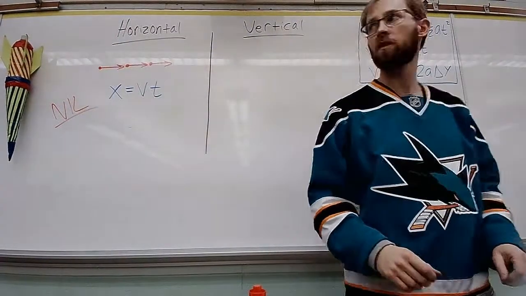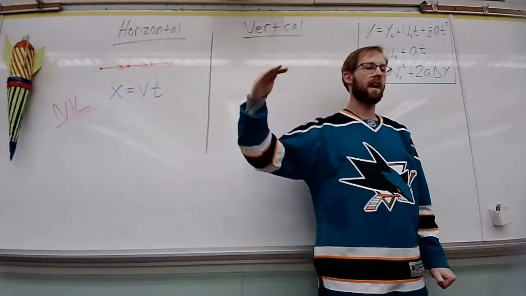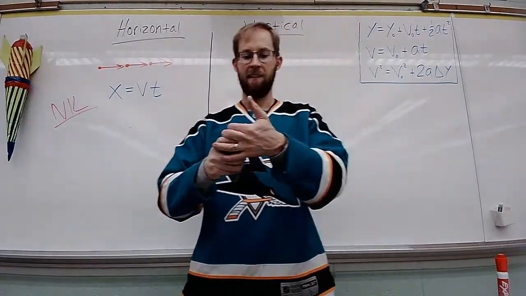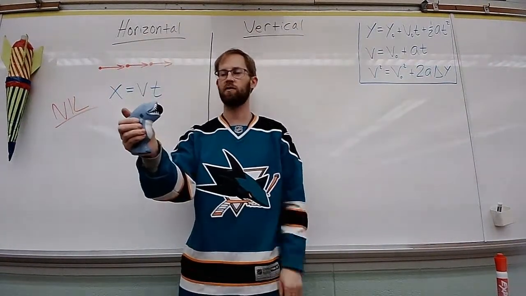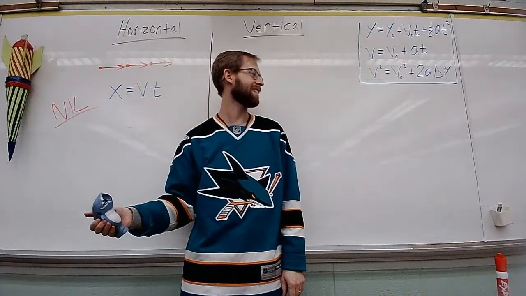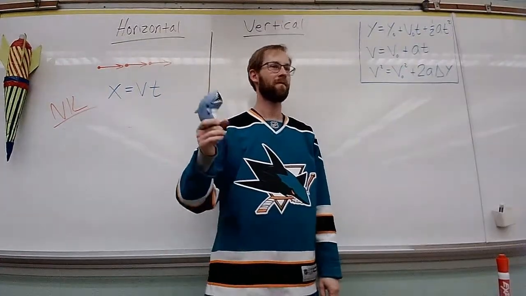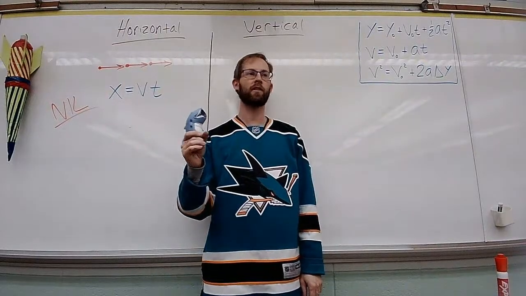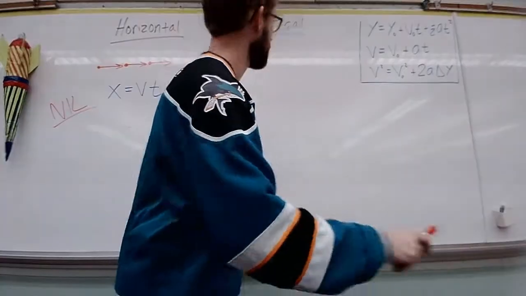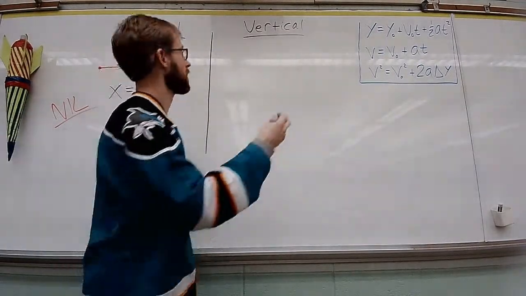Let's take a look at the vertical portion. Vertically, as that ball flies through the air, what's going on vertically with that? Just gravity. So if gravity is the only thing that's acting, it's going to be speeding up going down because we've got that force.